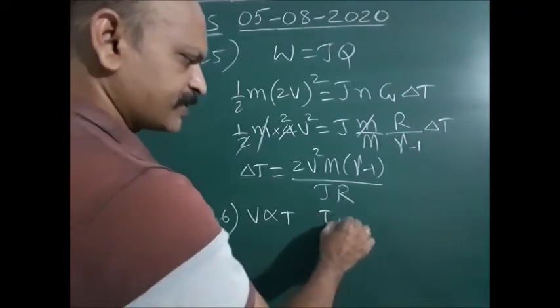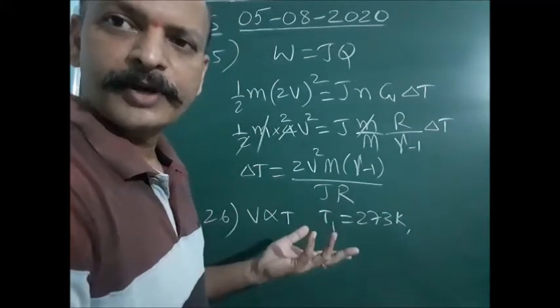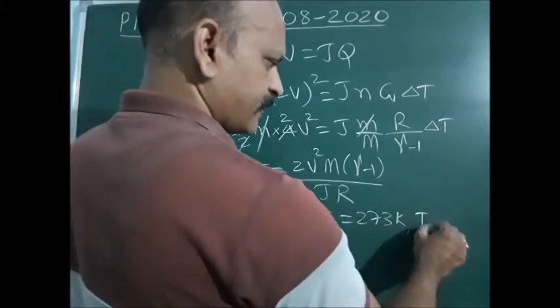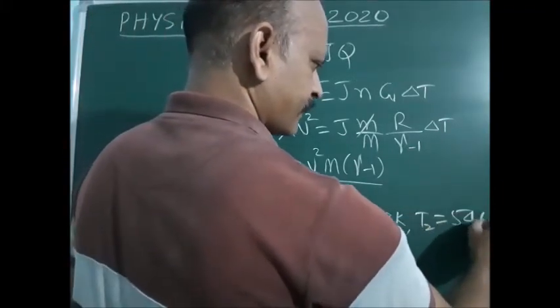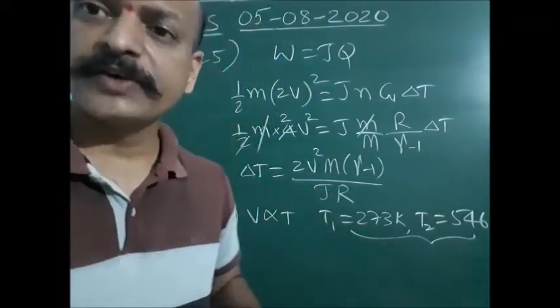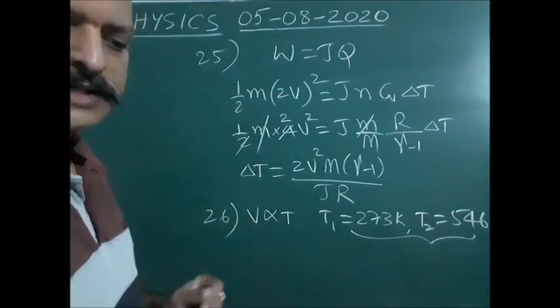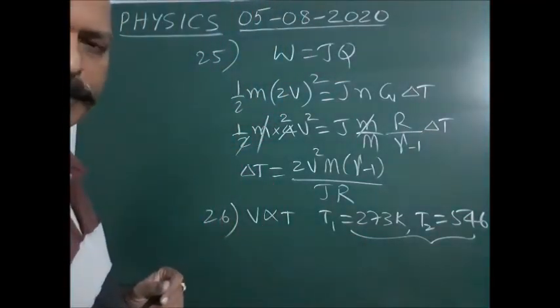So initially temperature is 0 degrees Celsius, meaning 273 Kelvin. Final temperature should be double, that is 546. Therefore, the increase in temperature is 273 Kelvin. Okay. Now, what he is asking to find out is heat supplied.